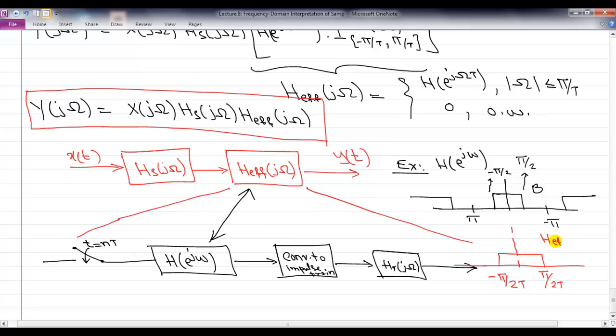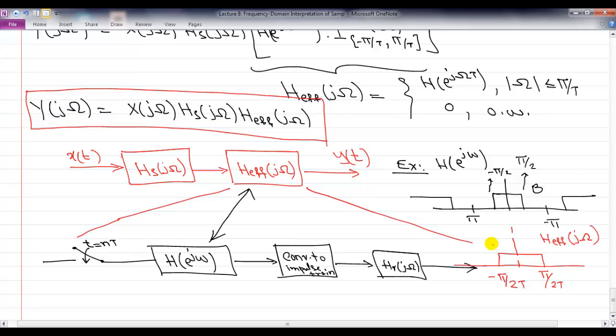So this is the Fourier transform of your H effective(jω). So a low pass filter in discrete time is equivalent to a low pass filter in continuous time with just a scaling of where the cutoff is. If you want to implement a low pass filter in continuous time, you can do that inside your computer as long as you can match the frequencies accordingly.